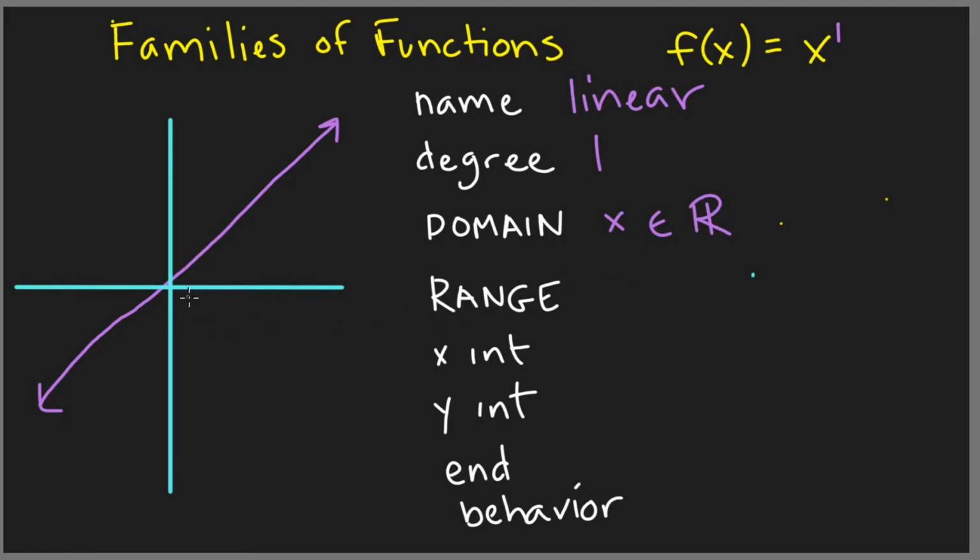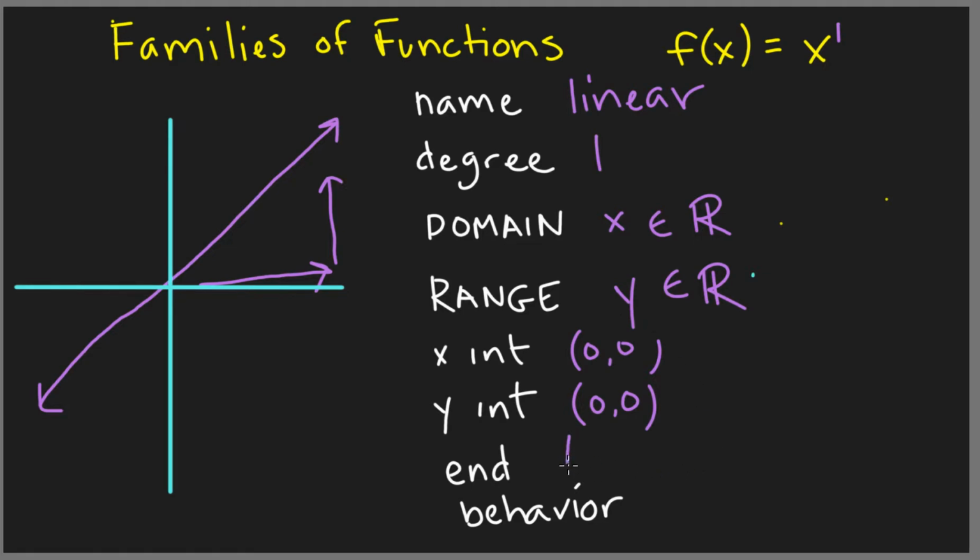Range, you can check out the y. Every single y is going to be covered as well, so y is a member of all real numbers. For the parent function here, my x-intercept is going to be 0, 0. My y-intercept is going to be the same. Now the end behavior here, you can see as we go out towards positive infinity, my y is going to keep going up and up.